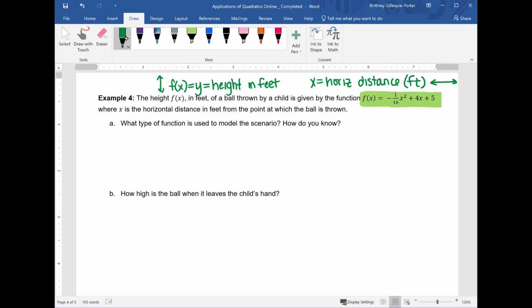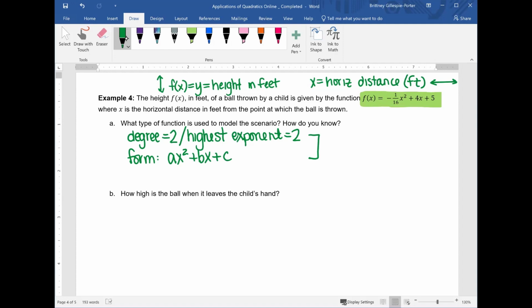How do we know? When we look at our function, it is degree 2, or if you don't remember the word degree, you can say highest exponent. Is 2, it's in the form ax squared plus bx plus c, which is standard form.